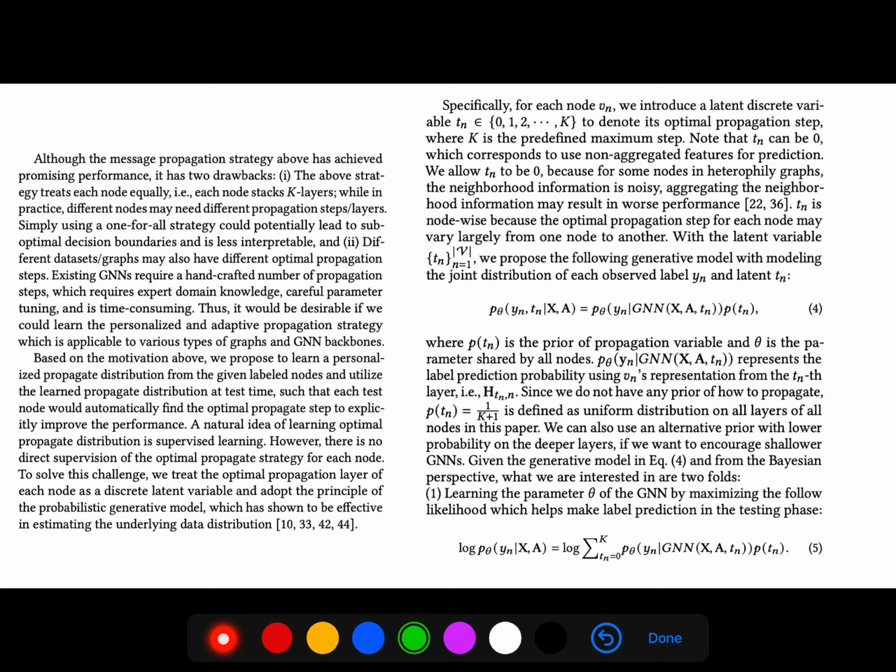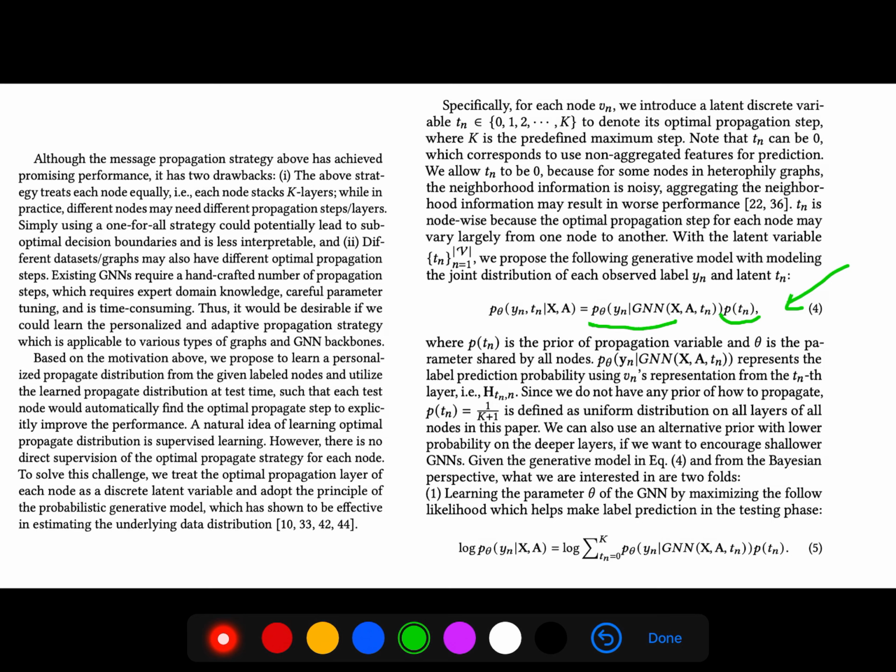For the latent variable t sub n, we propose the following generative model modeling the joint distribution of each observed label and latent t sub n. So this is the prior of the propagation variable, and theta is the parameter shared by all nodes. This one, p sub theta of y sub n, is just the label prediction probability.